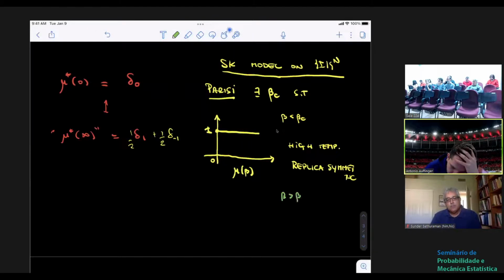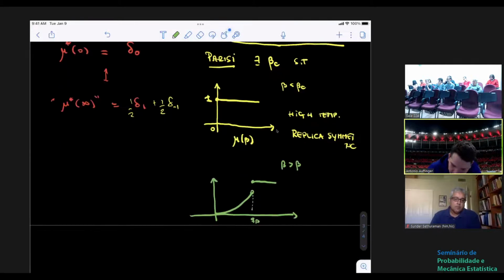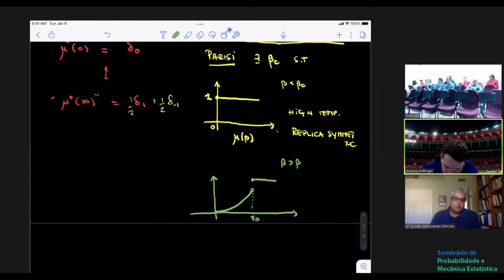But then for beta bigger than beta critical, for the SK model, this Parisi measure becomes something that has an absolutely continuous part. There is a value q of beta, and there is a jump at the top of the support. But here the measure is absolutely continuous with respect to Lebesgue.